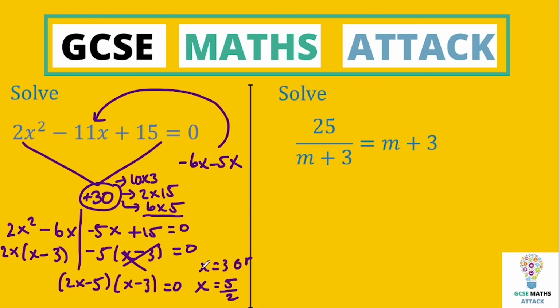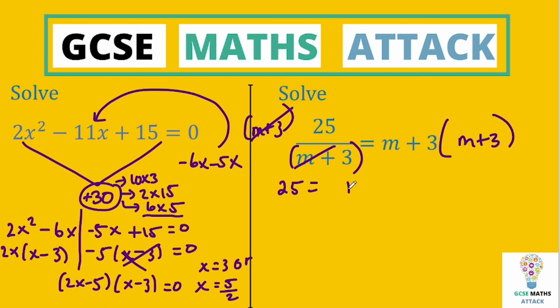Okay, so well done if you've got those correct. The next one is over here. Now the first thing I need to do is get rid of this at the bottom. So I'm going to multiply both sides by m plus 3. I know that these two cancel out, so I'm left with 25 equals m plus 3 and m plus 3. So I'm going to expand this bracket first.